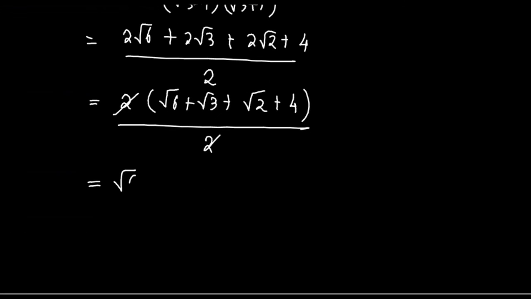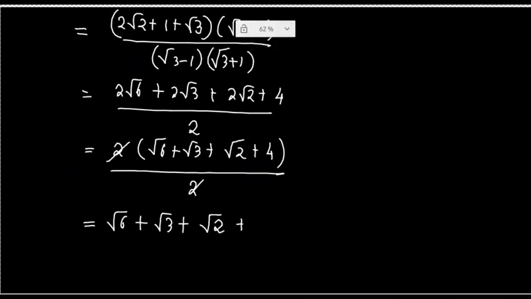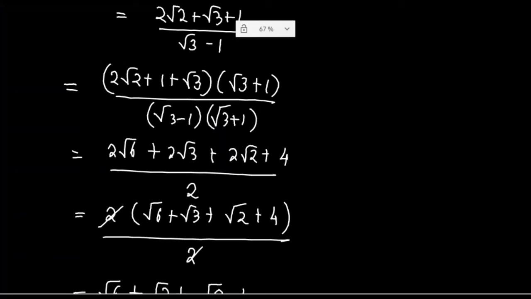Now root 6 plus root 3 plus root 2 plus 2. You can see the calculation here: 2 root 2 into root 3 is 2 root 6, plus 2 root 2, plus root 3 plus root 3, 2 root 3.